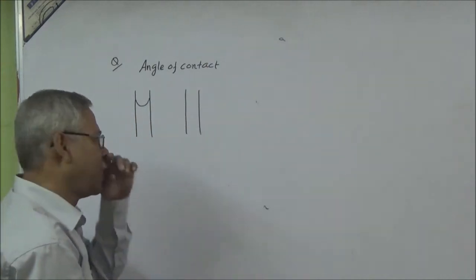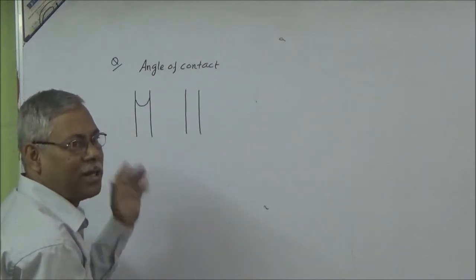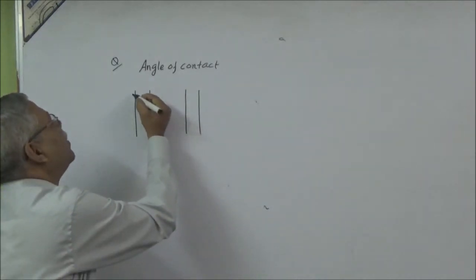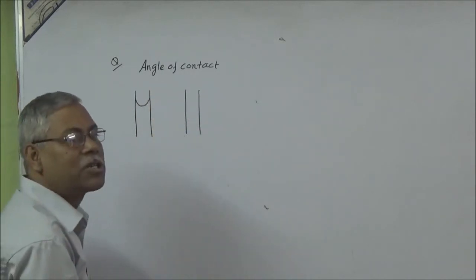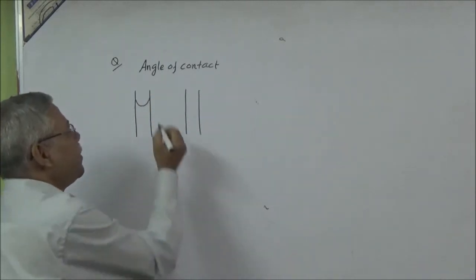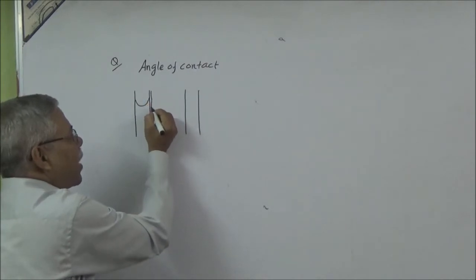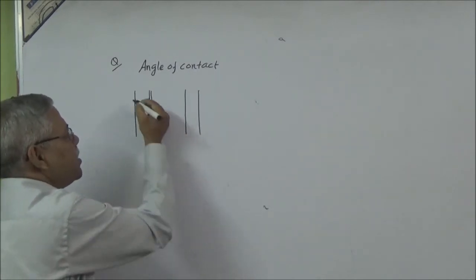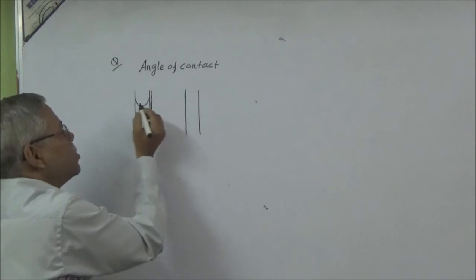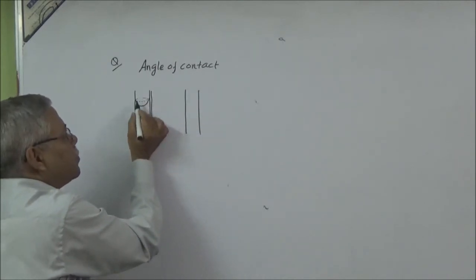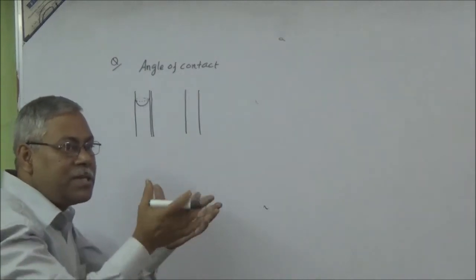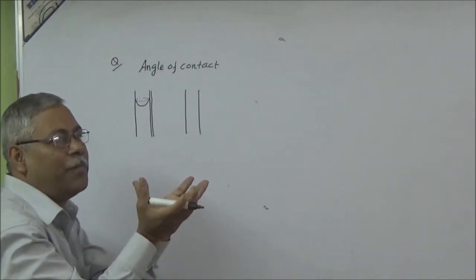You may have other solids and other liquids also. This free surface of liquid is called the meniscus. This is the pipe, and this is the meniscus, in the form of a bowl.